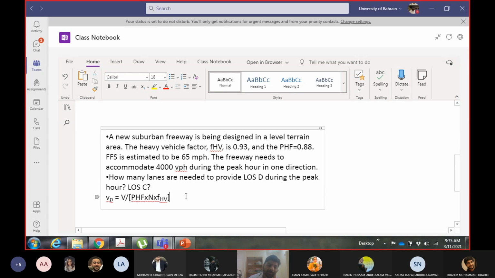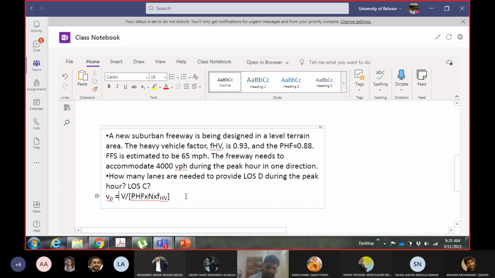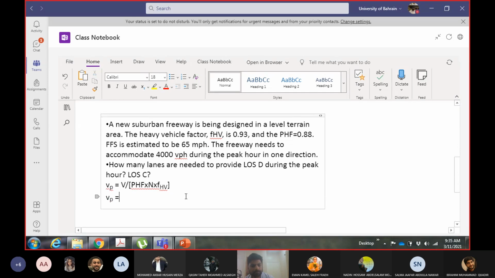Then how much will be VP at 2 lanes? V is 4000, FHV and PHF are given, and we are assuming 2 lanes.